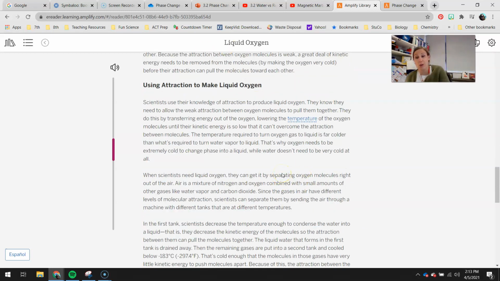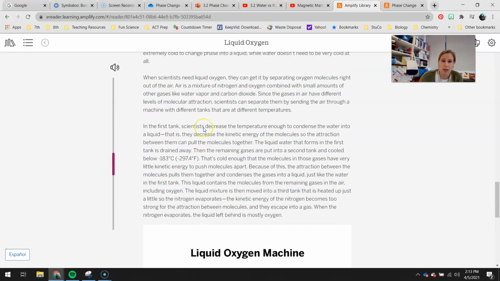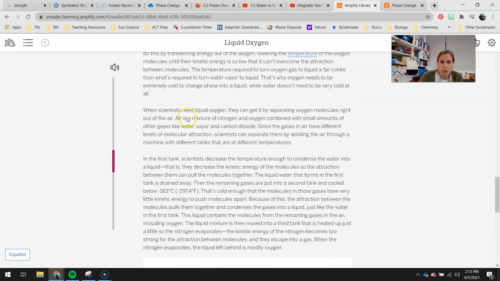And I just wanted to go over one figure really quick. So right here it says when scientists need liquid oxygen, they can get it by separating basically the air around you. Right out of the air. So air is a mixture of nitrogen and oxygen, so most of the air you're breathing in is nitrogen and oxygen, combined with small amounts of other gases like water vapor and carbon dioxide.